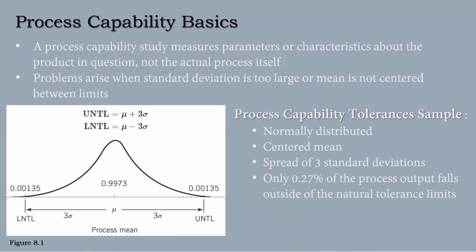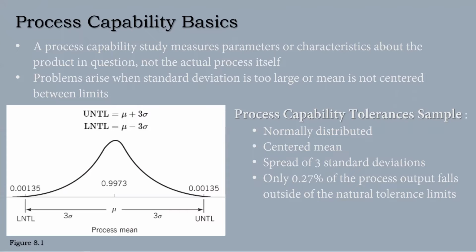So there are a few basics to understand about process capability analysis. A process capability study measures parameters or characteristics about the product in question, not the actual process itself. We can say a process is capable when these parameters are consistently within specification.